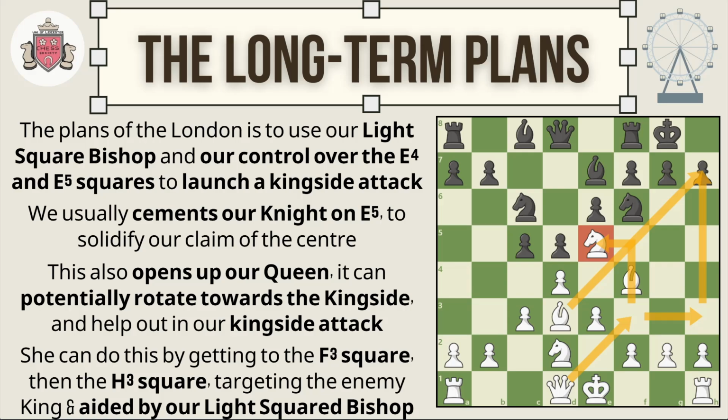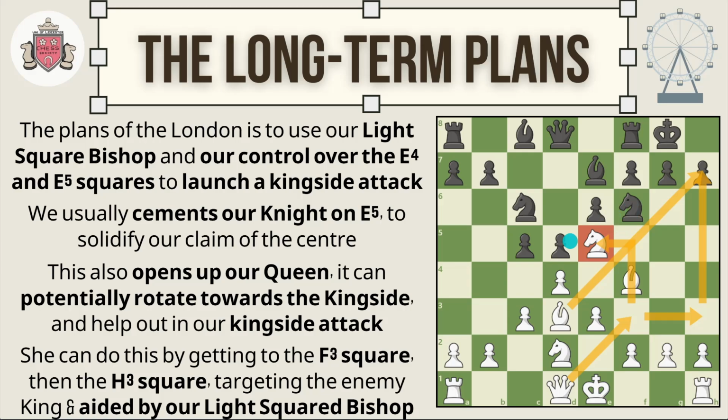We don't want to take them, because if black does take us, we take back with our pawn. So this pawn goes over here and attacks this knight. I'm trying to bring all these concepts together as well. This knight right now is one of the only defenders of this pawn, and remember, we're trying to go for this attack with the bishop and the queen.